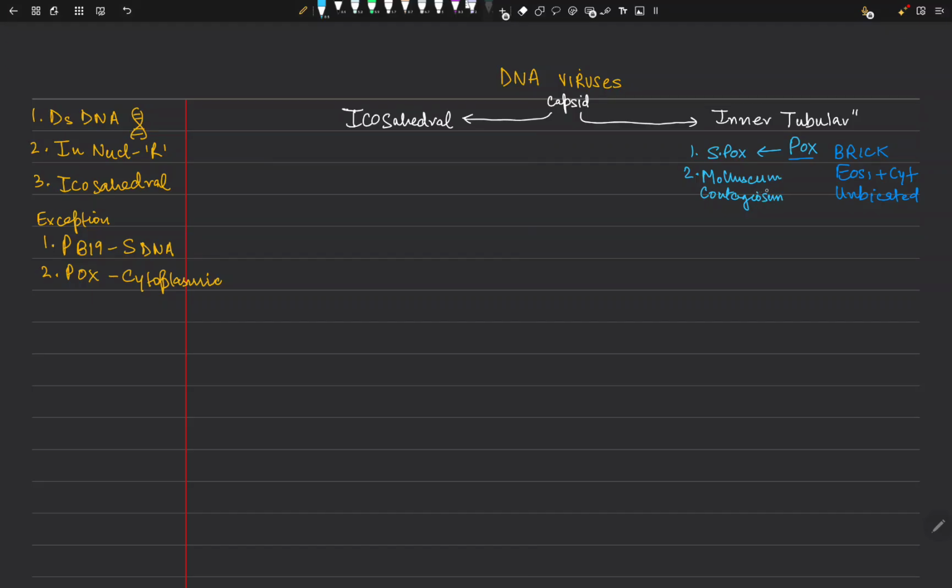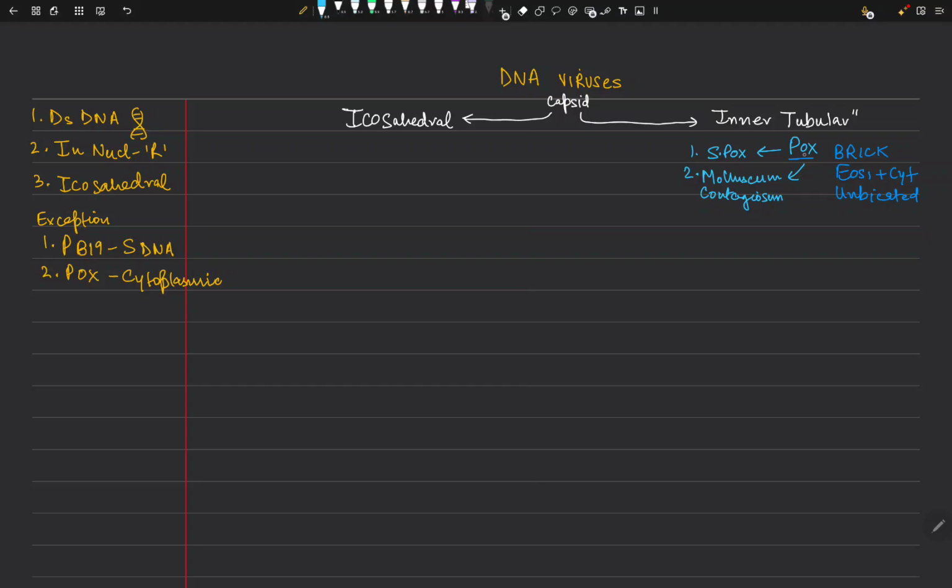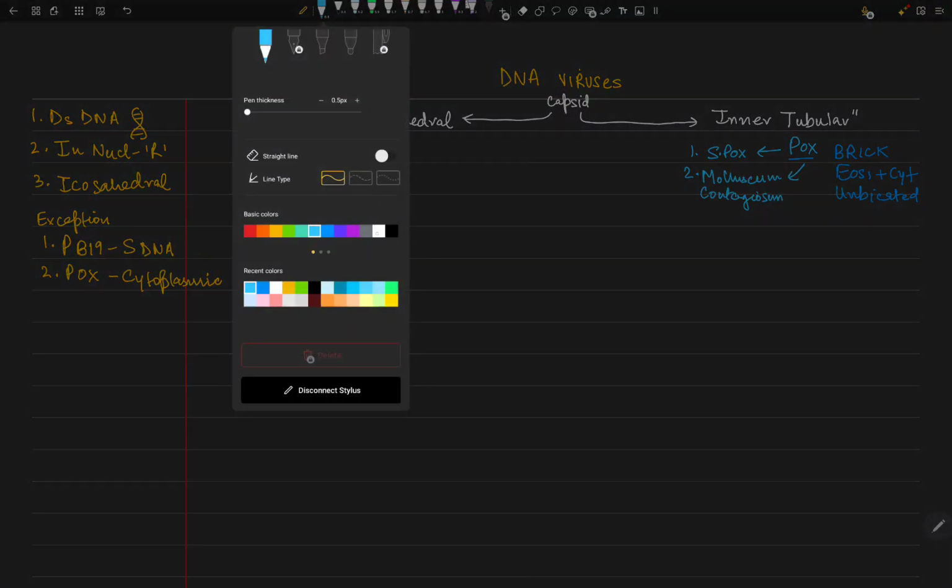That's it. So we have two viruses there. Simple stuff. Now let me get the photos for you. Leave the photos, I'll add the photos later on. So in inner tubular we have pox. That's important.